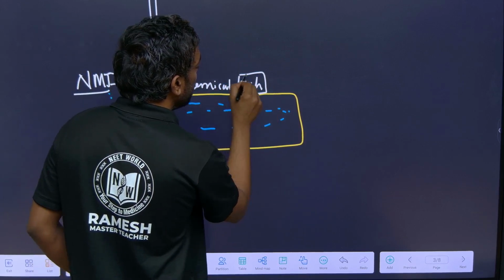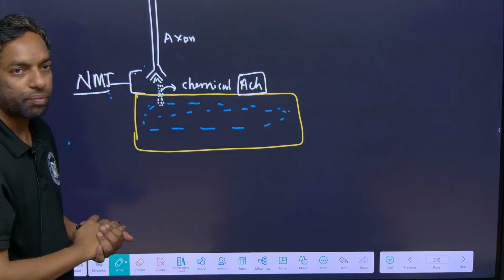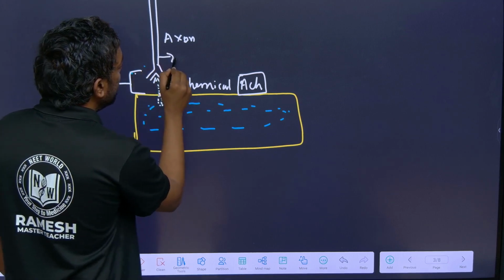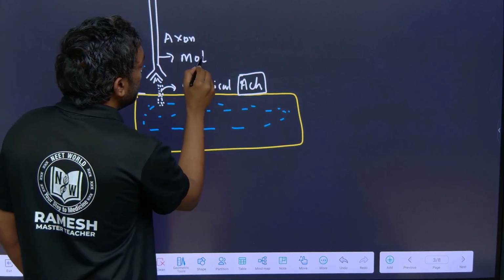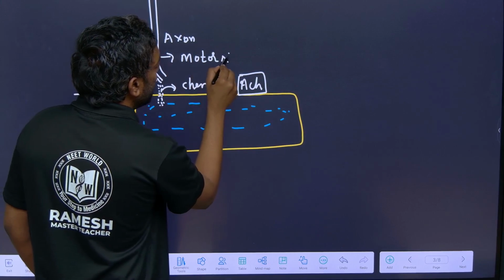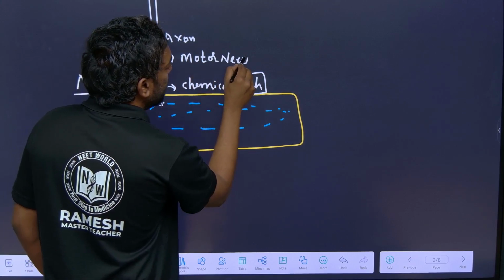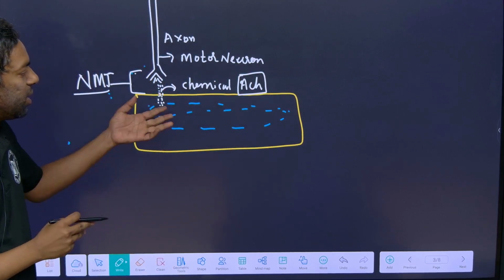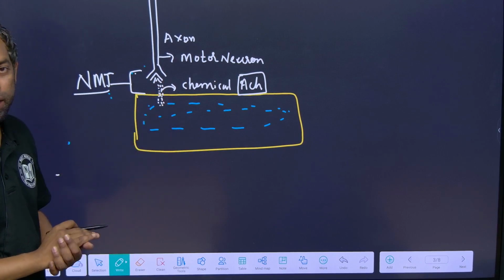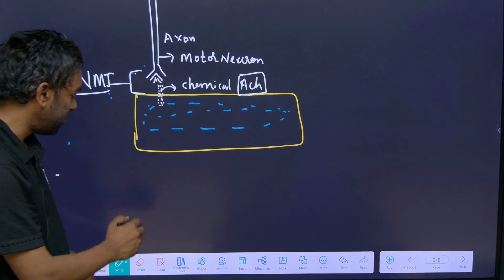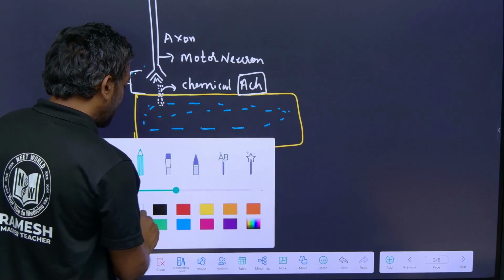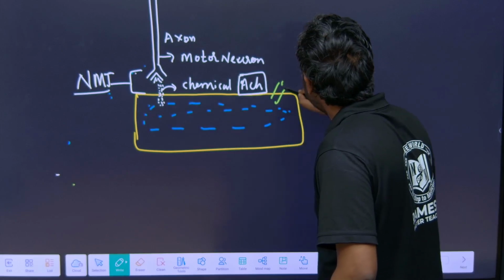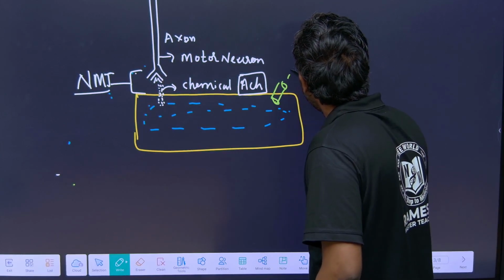This neuron is a motor neuron, and it gives the signal to the muscle. If acetylcholine is released here, the ligand gated channels open.